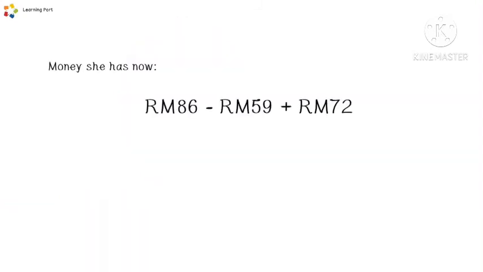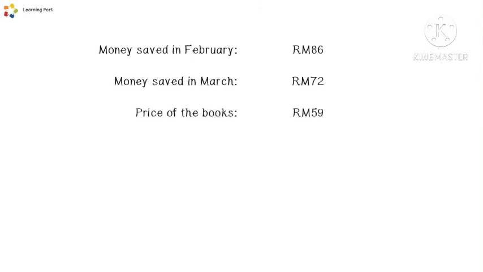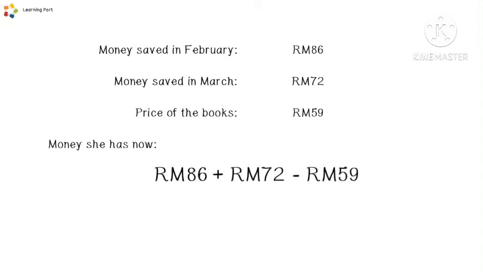The money she has now is an expression that contains both addition and subtraction. If she buys the book after she saved 72 ringgit in March, the money she has now has this expression. Note that here addition comes before subtraction; this is also a mixed operation.